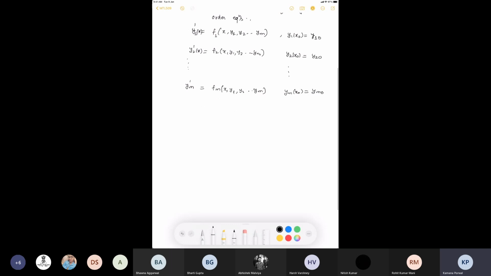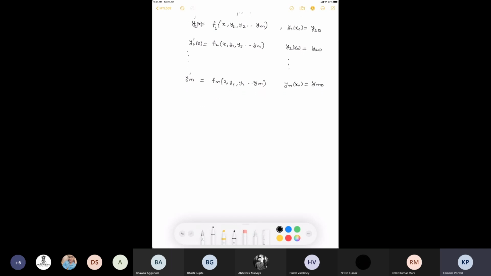All right, so if you introduce this new variable, let's define capital Y as this vector. So I'm taking this as a vector of length m, and the components of this vector are going to be y1, y2 up to ym.